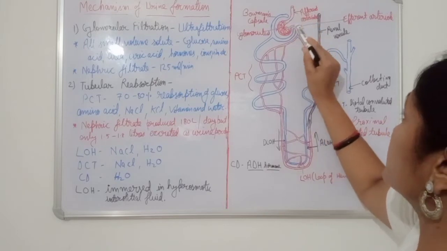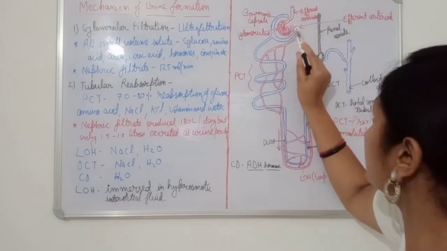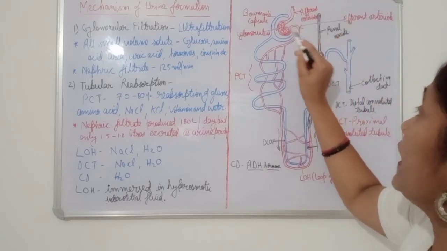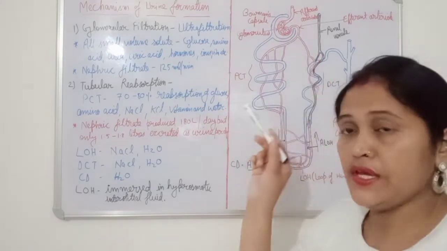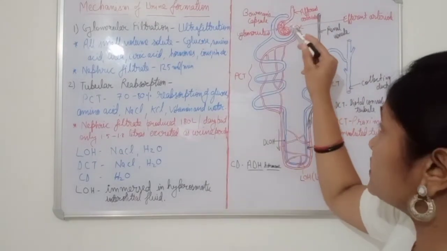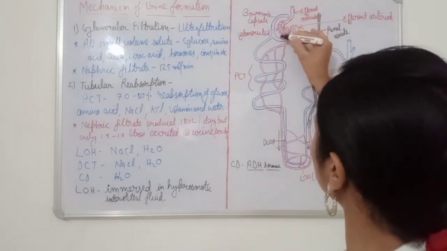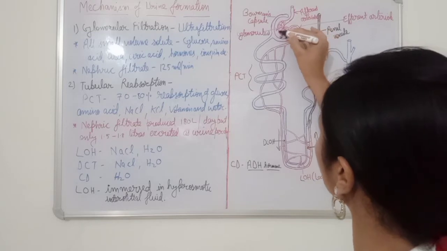The efferent arteriole is narrower in diameter. Due to the narrowness of the efferent arteriole, blood accumulates here and flows under pressure, and due to this pressure filtration occurs. You can see it by the arrow I am showing.